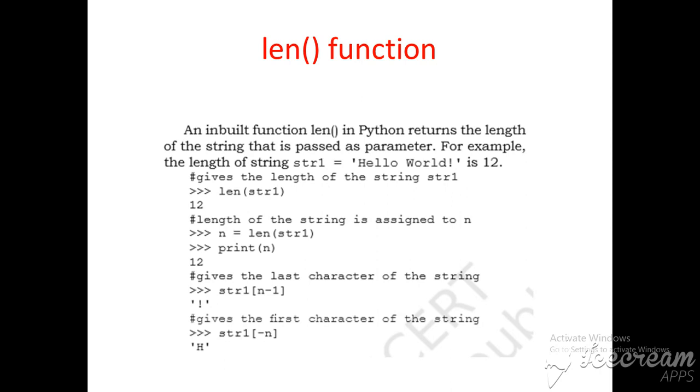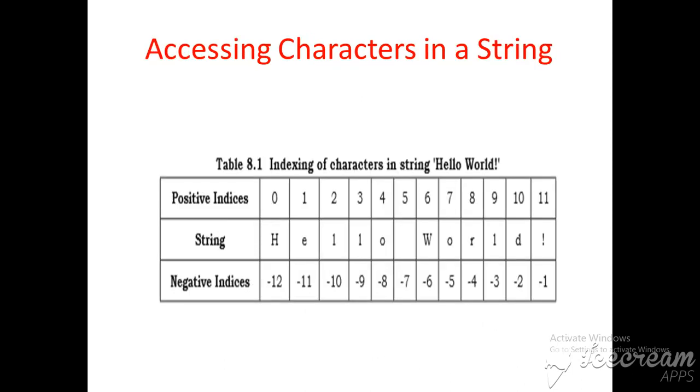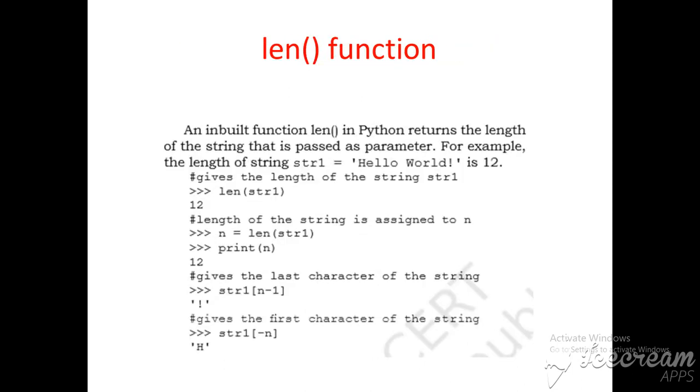Then str1 of n minus 1. We already studied that the last index is length minus 1. Here the length is n, which is 12. So string of n minus 1 means string of 12 minus 1, which is equal to string of 11. String of 11 is that symbol, so it is output here. Then str1 of minus n: the minus value represents starting from the right and moving to the left.